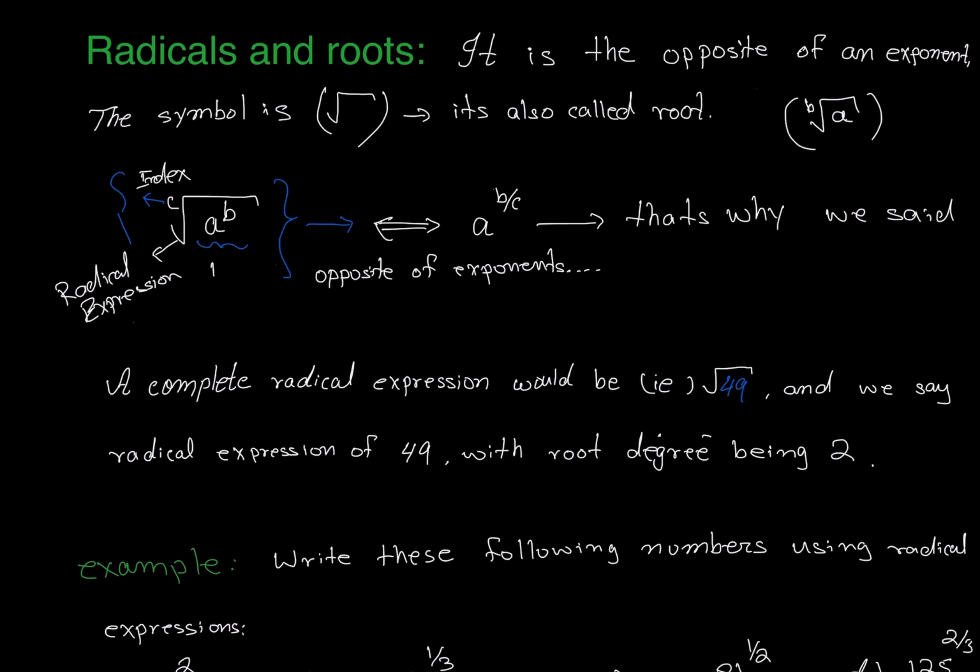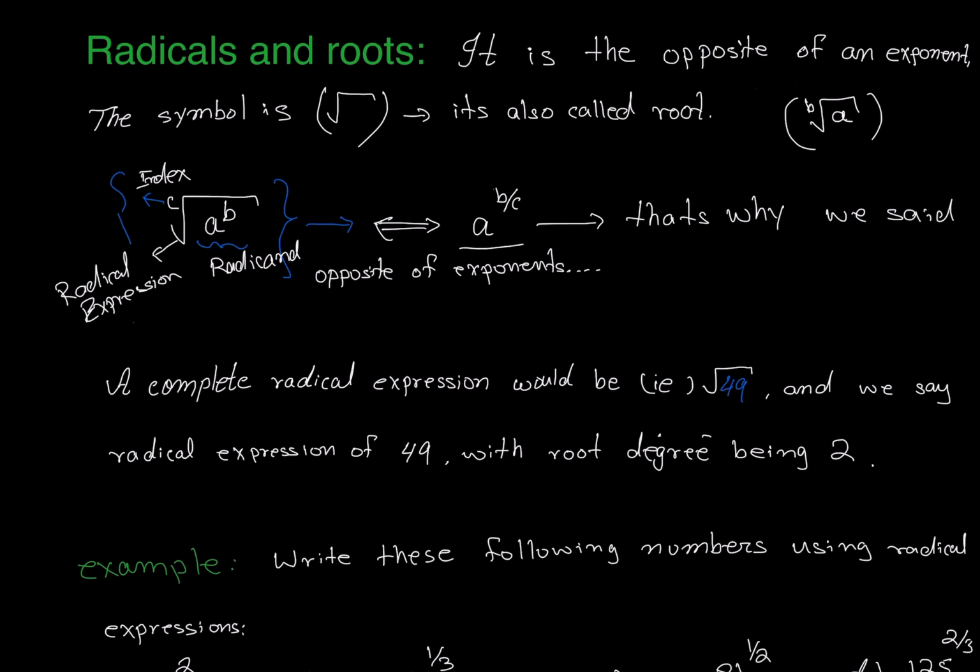This is your radicand. Okay, so that's the complete expression here. So we have index, we have radical expression, we have a radicand. This number can be written down as that, is this value.